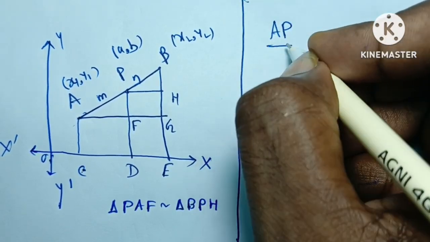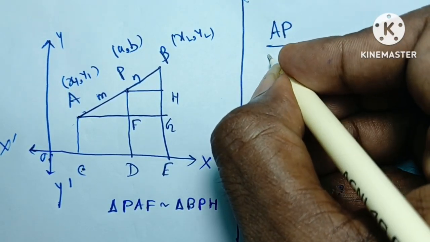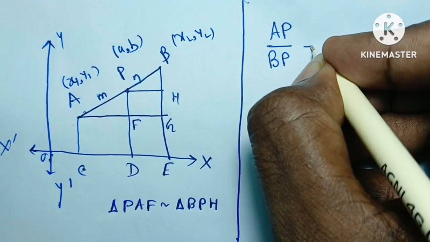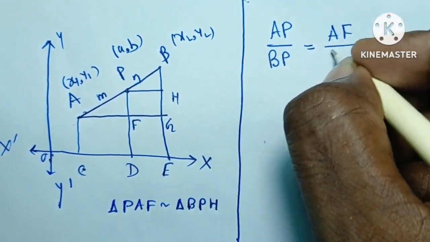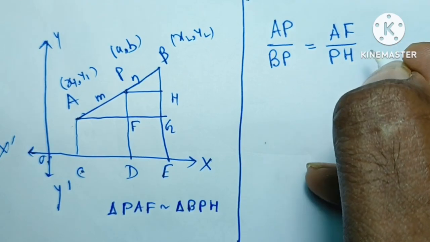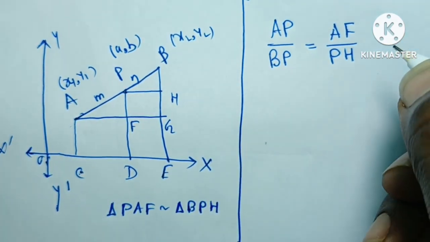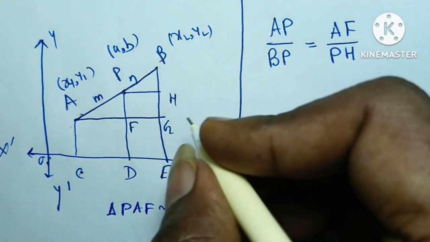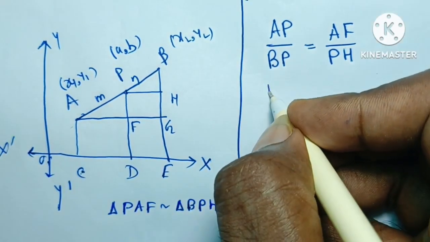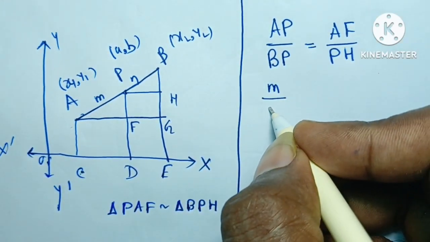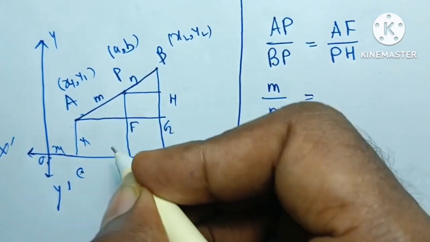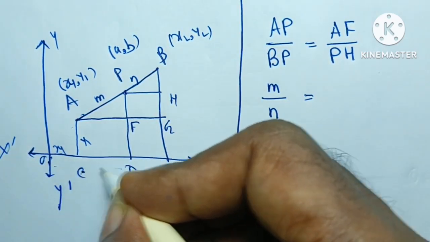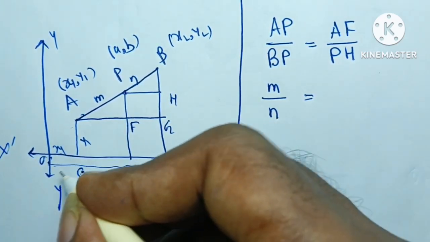AP by BP equals AF by PH. We know AP is m and BP is n. And we see this is x1, this is y1. This line length is a.